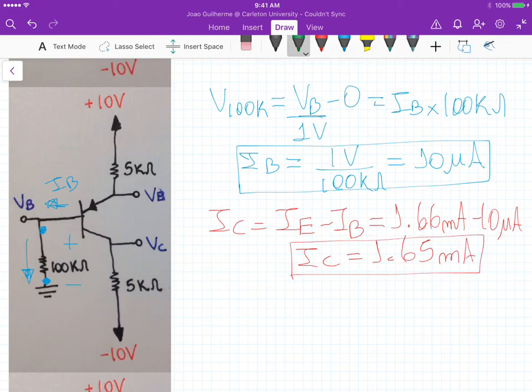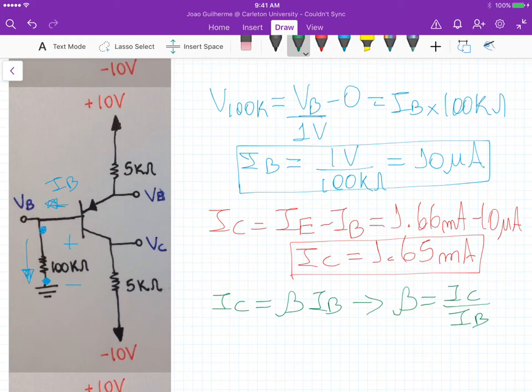Now, because we are assuming active mode operation of the BJT, the collector current is the common emitter current gain times the base current. If we manipulate this equation, we can isolate beta as the ratio of the collector current divided by the base current.